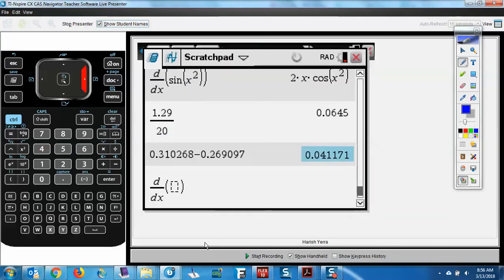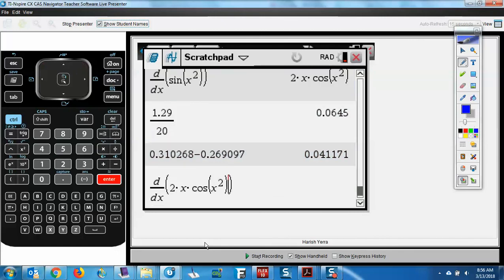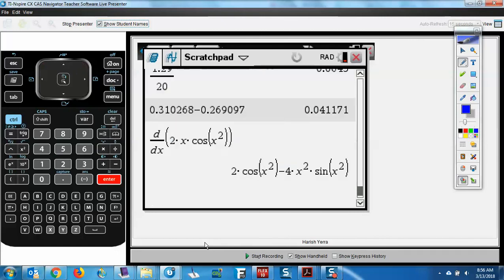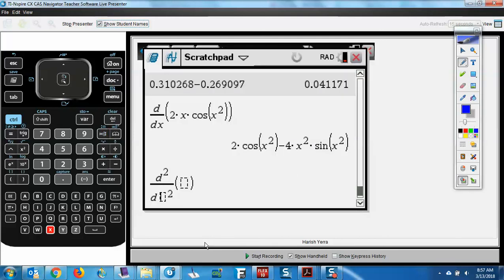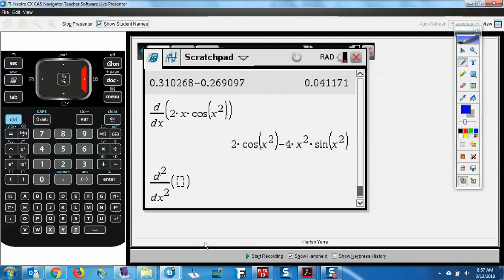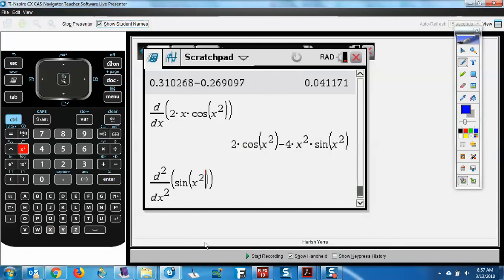Or just do the derivative of the derivative, that's fine. But you can do second derivative right here. Hit enter, and then you just put your x, and then you put sine x squared in there. But once you've done the first derivative, you can just do the derivative again.